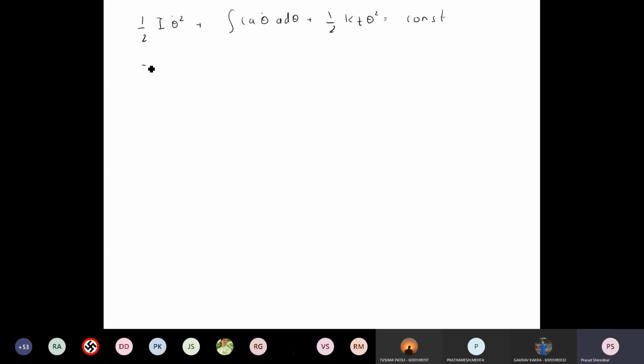Here C a square I can take outside of the integral. So this becomes C a square theta dot d theta, plus half k torsional theta square, equal to constant.